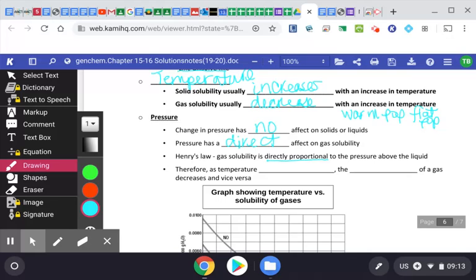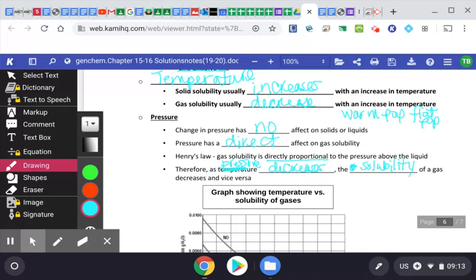Therefore, and this should not be saying temperature, therefore, as pressure decreases, the solubility of a gas decreases and vice versa.